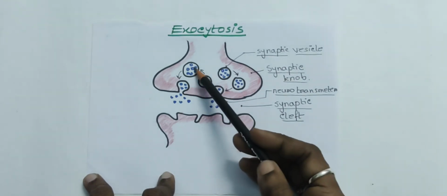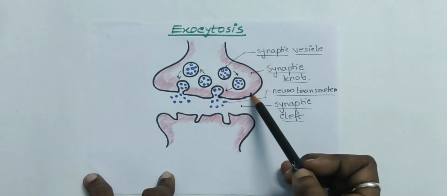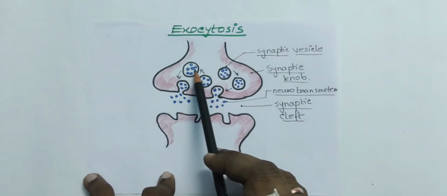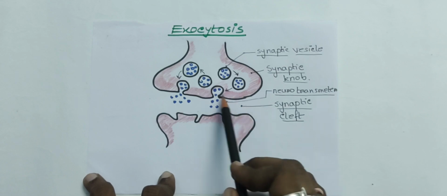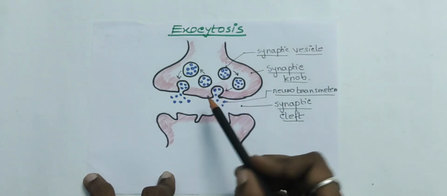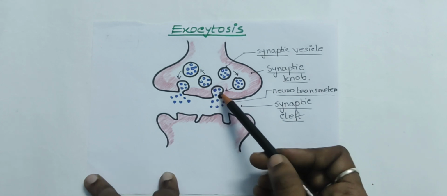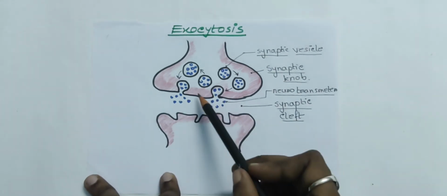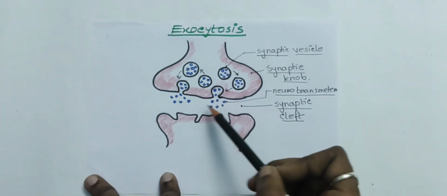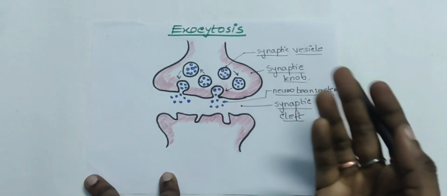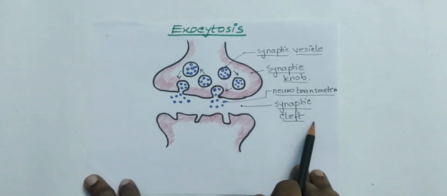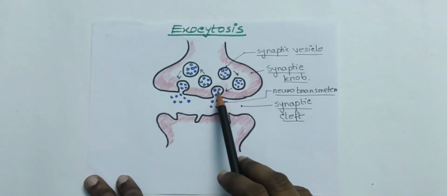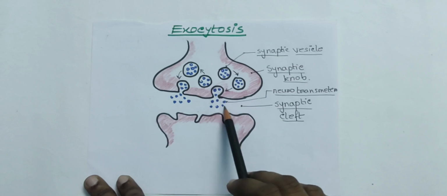Whenever the impulse comes, these vesicles, generally present in the synaptic knob, come slowly to the end of the membrane, and then they release the enzymes or hormones they contain outside of the cell. So that is exocytosis, whenever substances get outside of the cell. This is a picture of a synapse. The substance exocytosed by the cell is acetylcholine, a neurotransmitter.